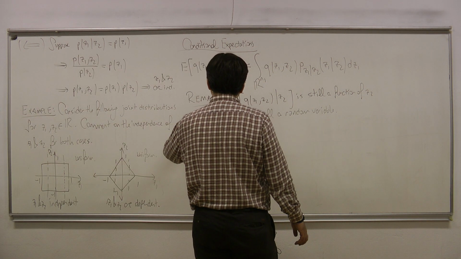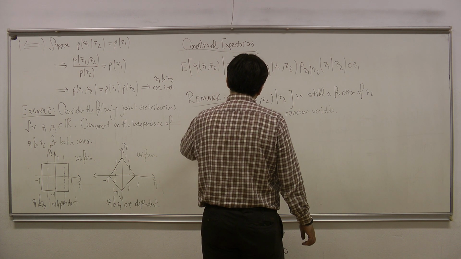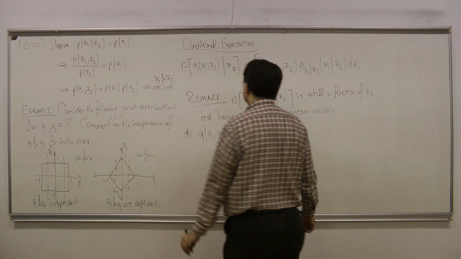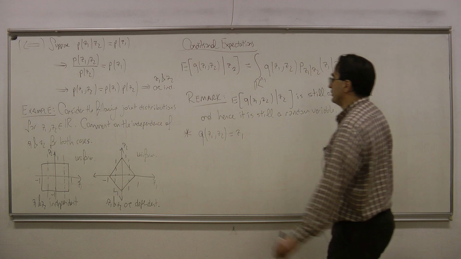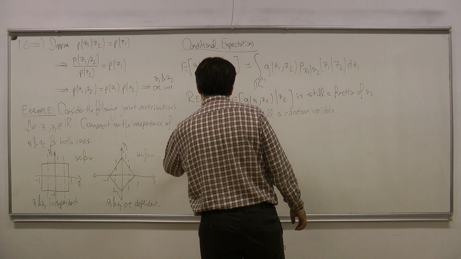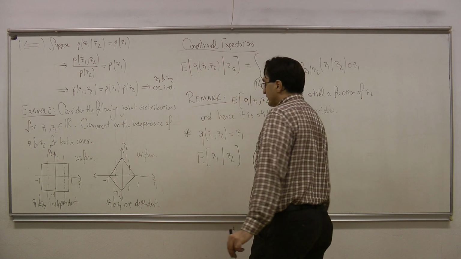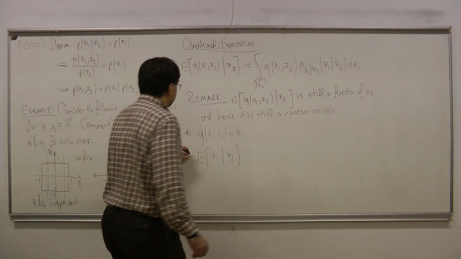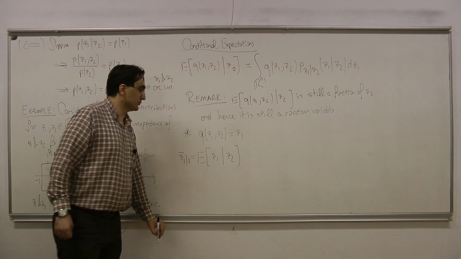Now we have some specific cases. For example, Q of Z1, Z2 can be just equal to Z1. In that case, this gives me the conditional expectation of Z1 given Z2, which I can call z bar 1 given 2.